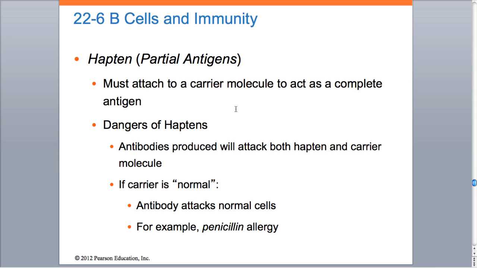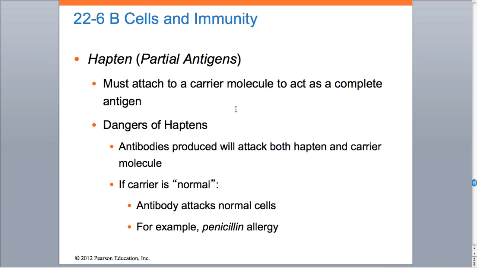Now look at what it says here: antibodies produced will attack both hapten and carrier molecules. If the carrier is normal, antibodies will attack, so it says antibodies attack normal cells. For example, someone with a penicillin allergy.